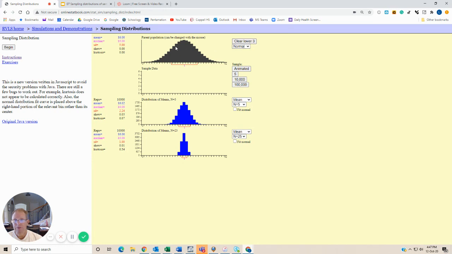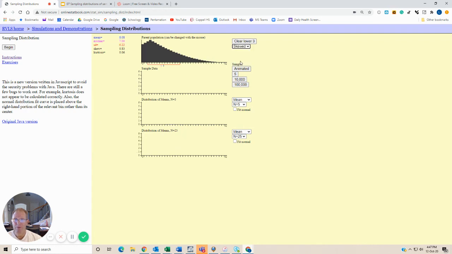Now let's change it. Instead of having a parent population that's normal, let's make it skewed, like that. We have a right skewed parent population. Let's say we take samples of size 2 here and samples of size 25. Let's see what happens. I'm going to take 10,000 samples again.